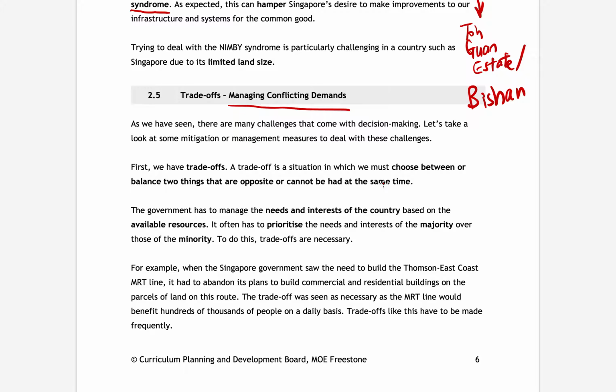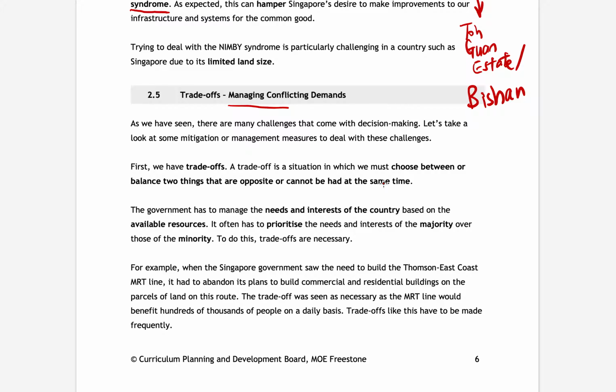A trade-off is a situation usually where the government says we have to satisfy the needs of these people, both the people that own cars and the people that take MRT. But obviously we cannot allocate all this amount to either one of these. If not, the other one cannot make it. Okay, a trade-off is, for example, the government says, okay, how about we take this sum of money, we split it in half, equal half.